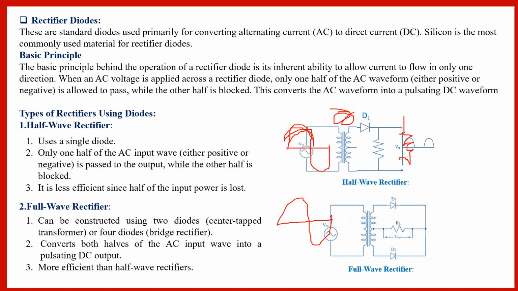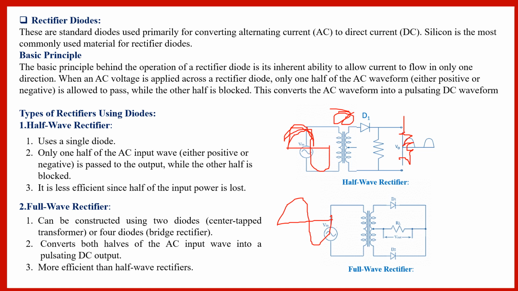So when this is positive, this is the P side of the diode, which means positive is connected with positive. Diode D1 will be conducting at that time, and this side will be negative. It means negative is connected to the P side, so D2 won't be conducting. So D1 is working during the positive half of the cycle.